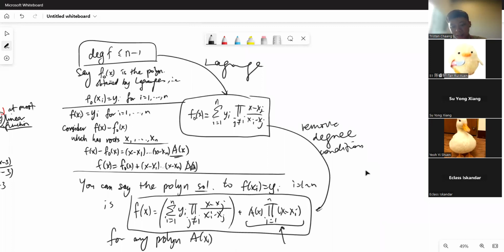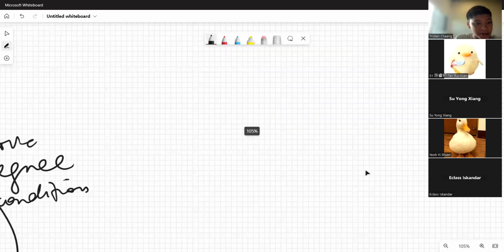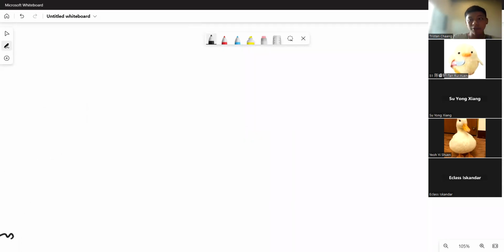Okay, if not, let's dive into quite a nice IMO example, 2019 A5, which can be solved entirely using Lagrange, but you have to be very careful in what kind of numbers you want to use for Lagrange.